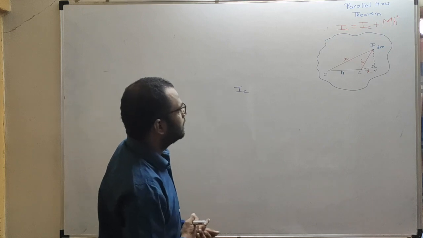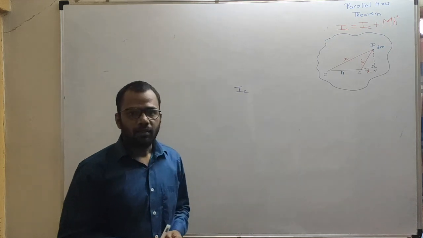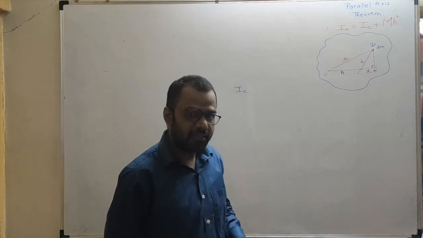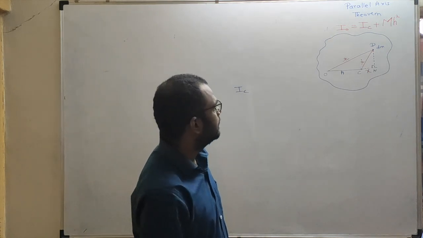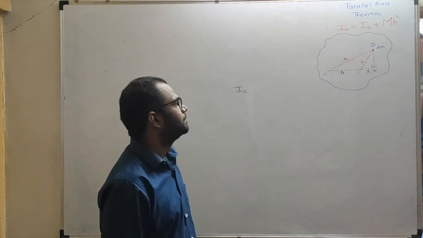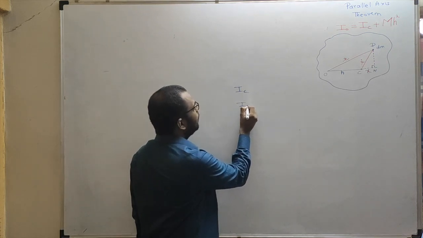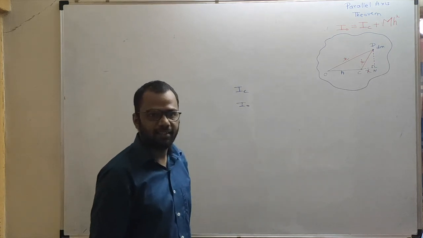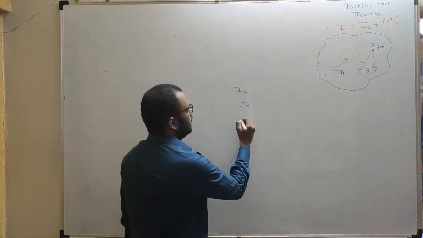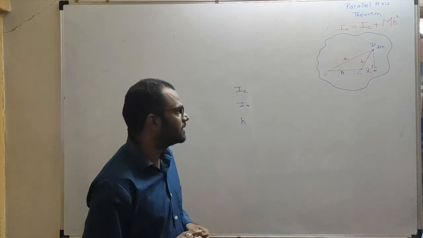Then write down, consider another axis parallel to the first axis passing through point O. Let IO be the moment of inertia about that axis. Afterwards write down H. H is the perpendicular distance between the two axes.